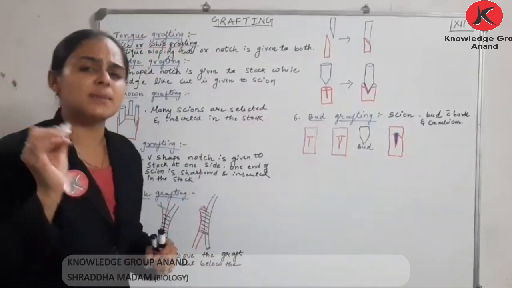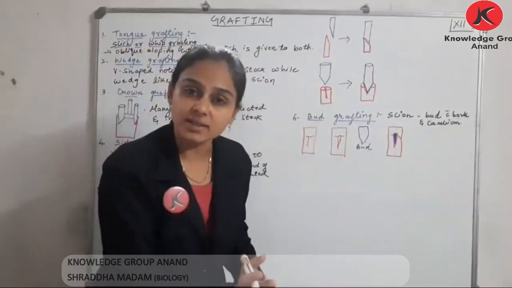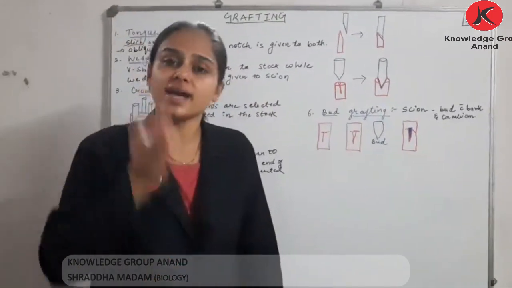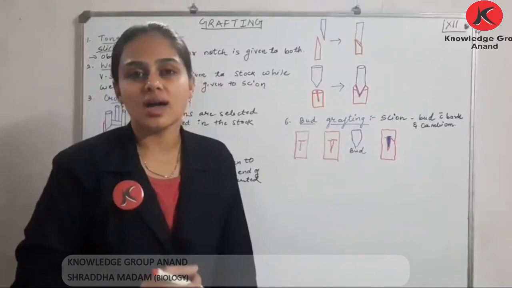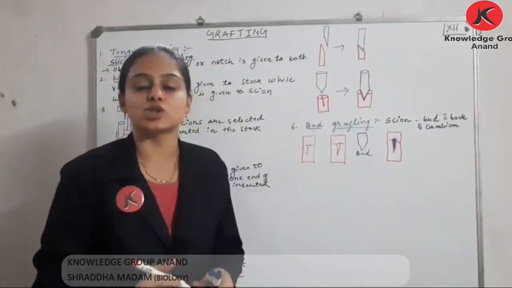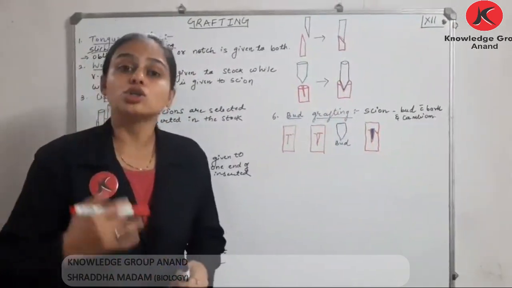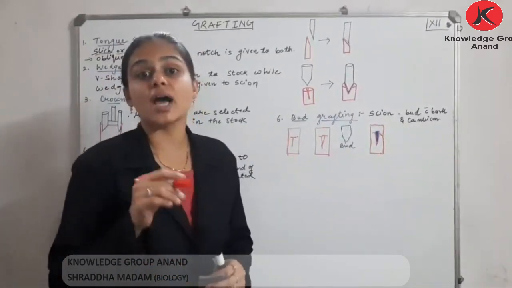टंग ग्राफ्टिंग में सिंपल क्या करा जाता है, oblique cut और sloping cut is made. Sloping cut or I can say as your oblique cut is made in both stalk as well as scion. Stalk as well as your scion. ठीक है, यहाँ पे जो आप stalk use कर रहे हो, जो scion use कर रहे हो, they have same diameter.